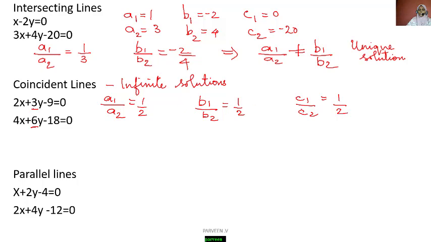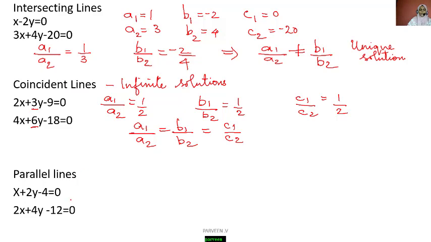So all three ratios have the value 1 by 2. We conclude a1 by a2 is equal to b1 by b2 equal to c1 by c2. So if the ratios are equal, we get coincident lines and they are going to have infinite solutions.